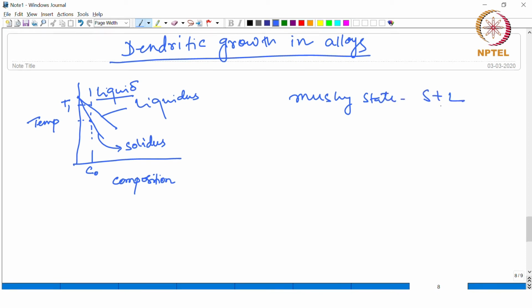Where you have both solid plus liquid coexisting. Now, let us say this is further brought down to this temperature over here.